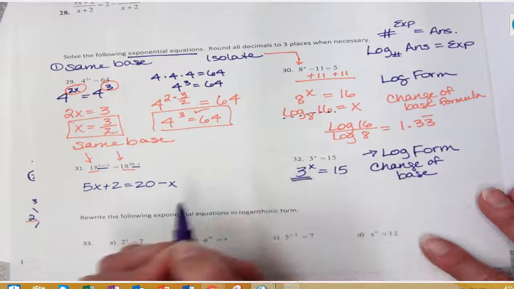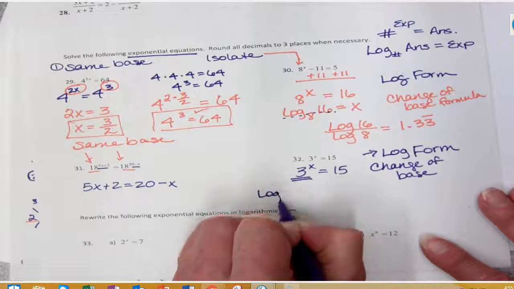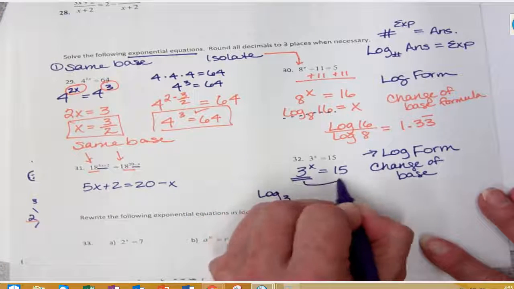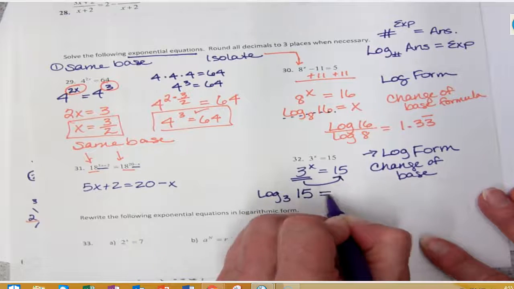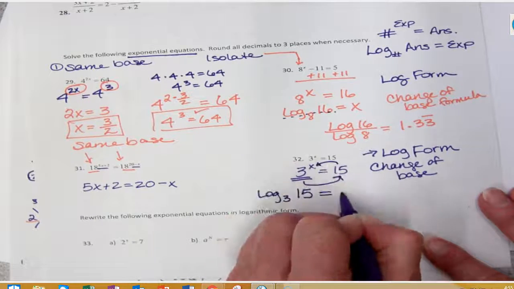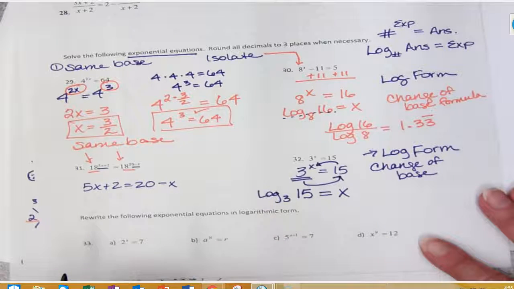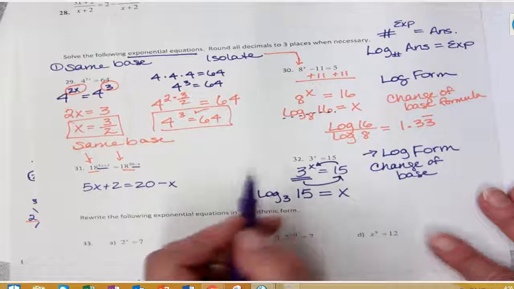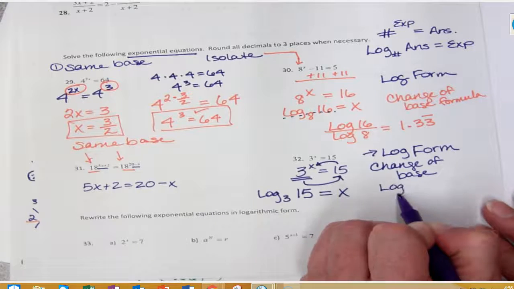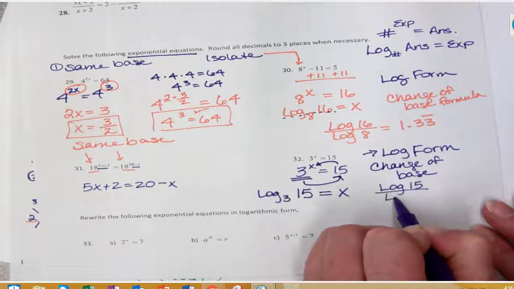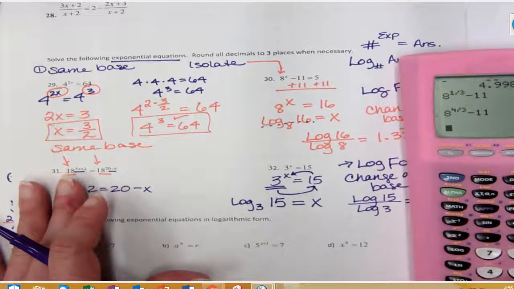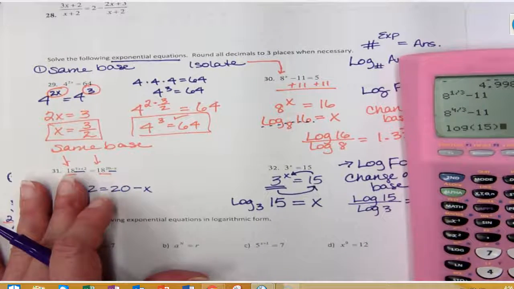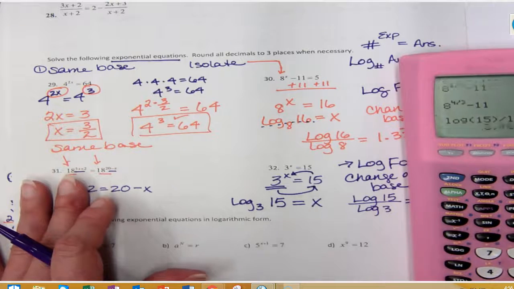So with your log form, you start with your base, log base 3. Your answer goes there, and that's going to equal your exponent. Make sure you know how to do this. So that's going to be log of 15 divided by log of 3 equals, and then I just plug that in my calculator, log of 15 divided by log of 3.